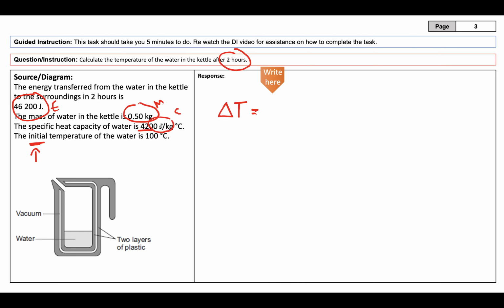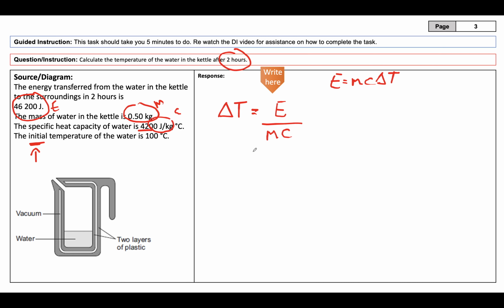So yeah, we're going to have to take this number away from that. Our equation that we must start off with is E equals MC delta T. If I want to make delta T the subject, and these two have to go underneath, we could have used our triangle, but I'm just going to divide through this time.